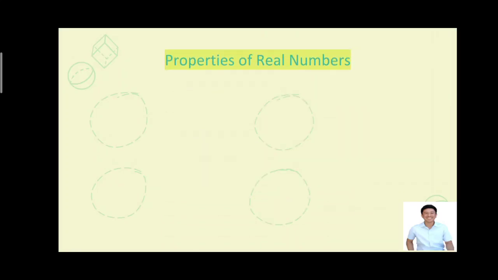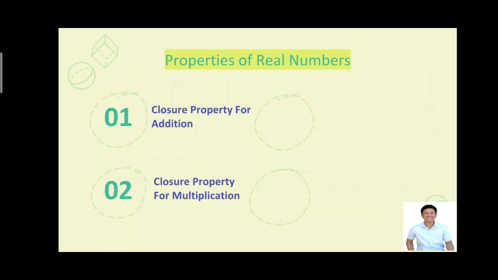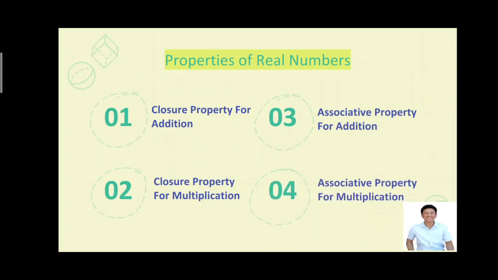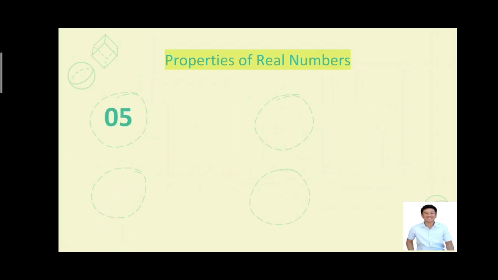The properties of real numbers. First is closure property for addition. Second, closure property for multiplication. Third, associative property for addition. Fourth, associative property for multiplication. Fifth, commutative property for addition.